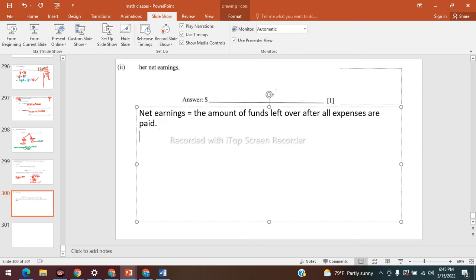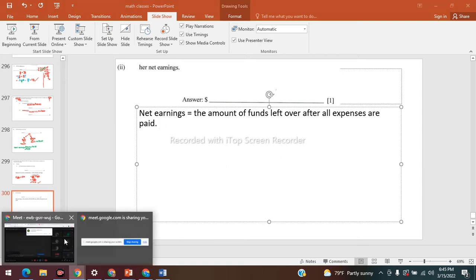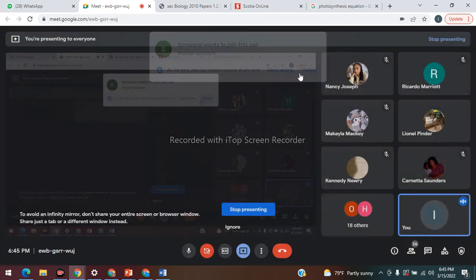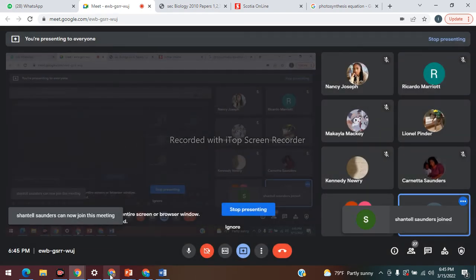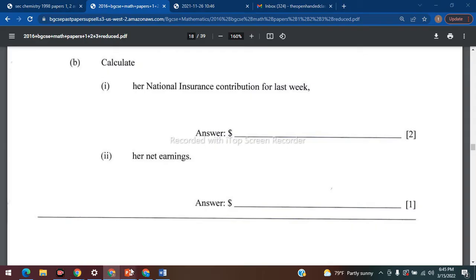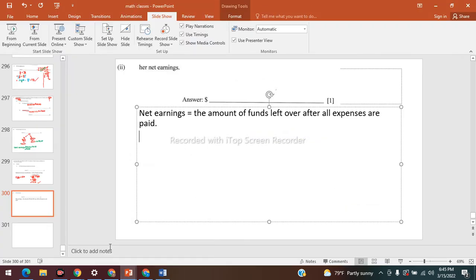The only expense that she had really was the national insurance contribution, so our net earnings is going to be total earnings minus the NIB contribution.